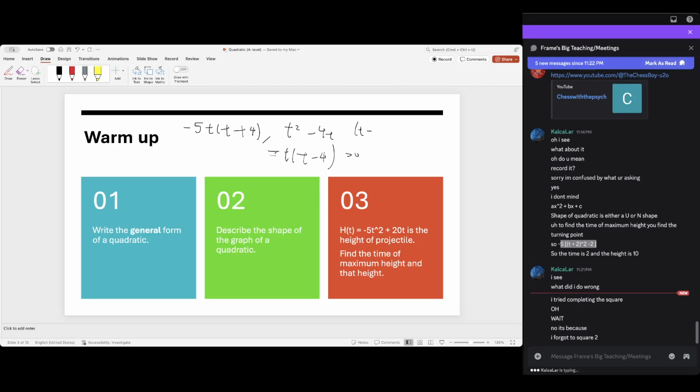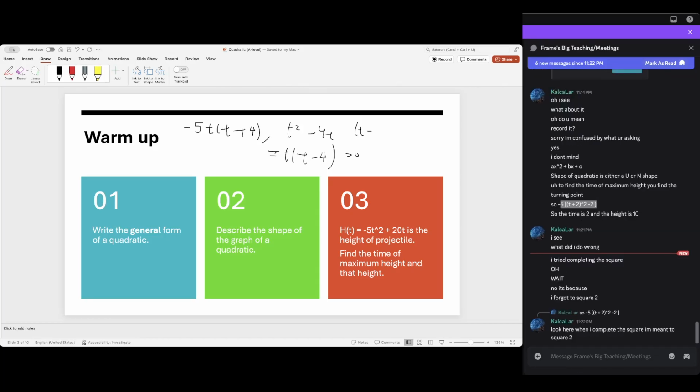But in order to find the maximum, you could have also differentiated: minus 10t plus 20 is equal to 0, setting 0 as the slope, and you find 20 is equal to 10t, so t is equal to 2, and this is how you get the time also.